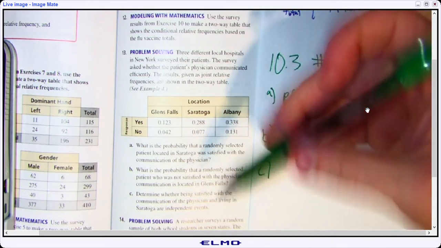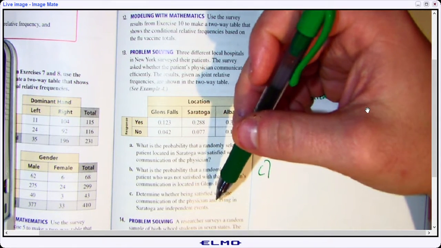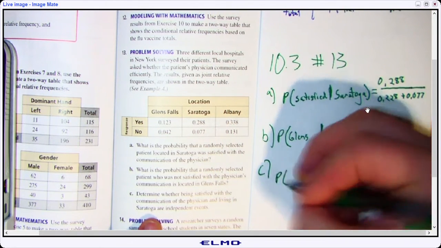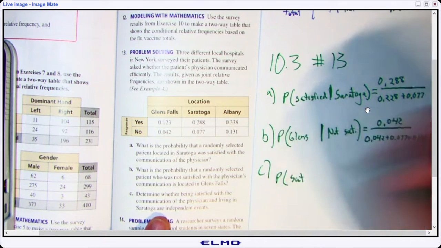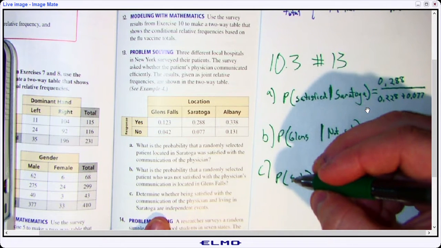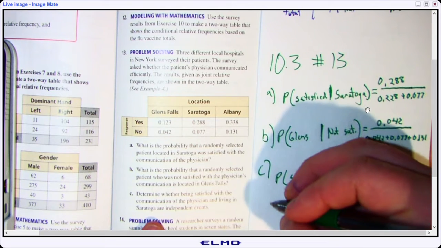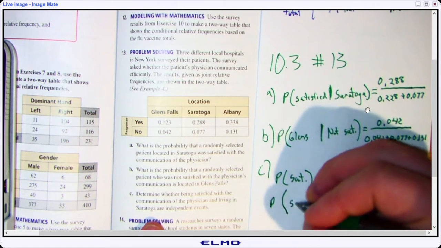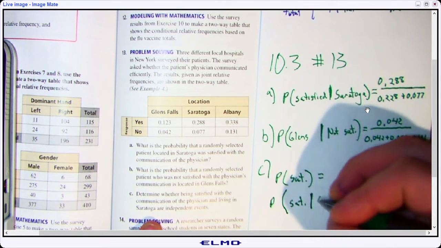So, to determine whether they're independent events, we have to consider the probability that you were satisfied in general, and we're going to look at the probability that you were satisfied given that you live in Saratoga.